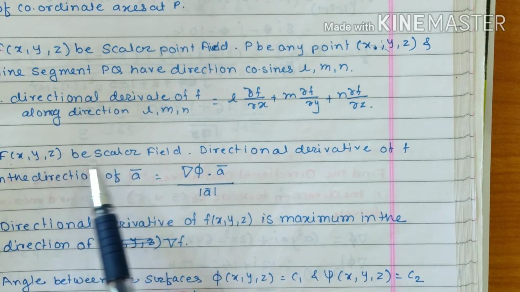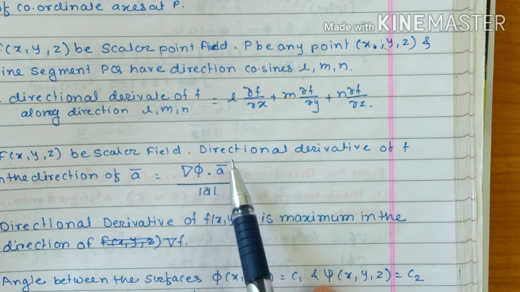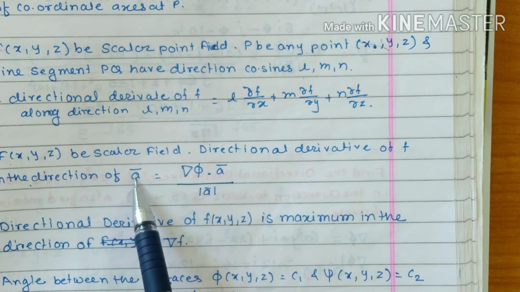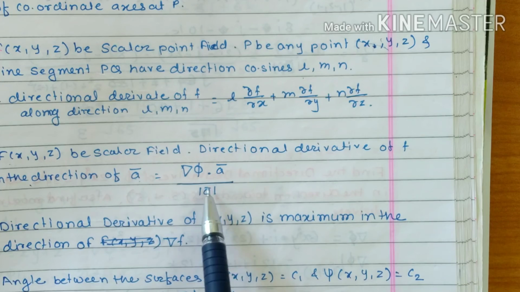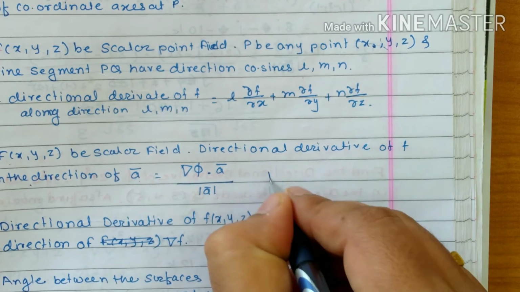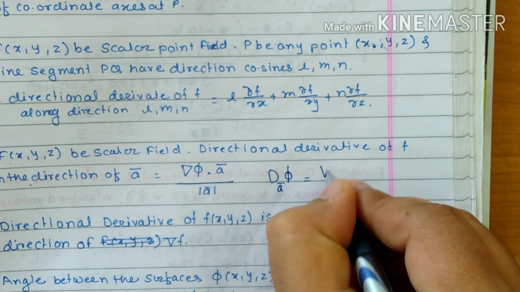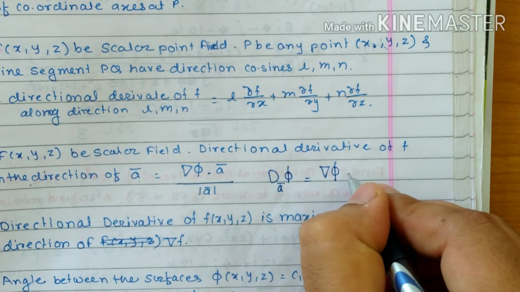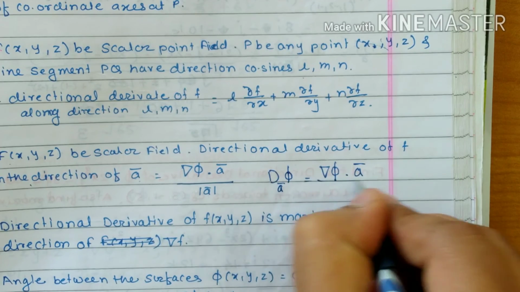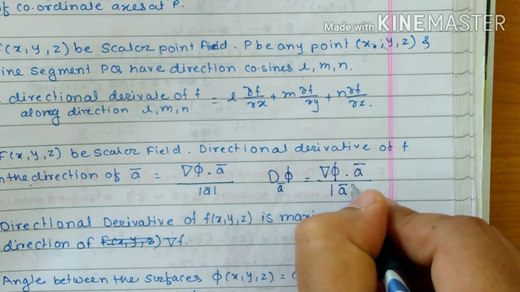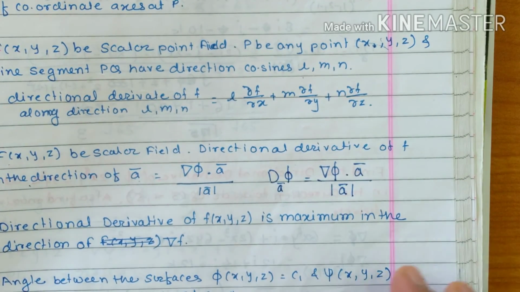Another: let f of x, y, z be a scalar point function. The directional derivative of f in the direction of some vector a bar is calculated by this formula: the directional derivative of phi in the direction of a bar is the gradient of phi dot product with a bar, divided by the magnitude of a bar.